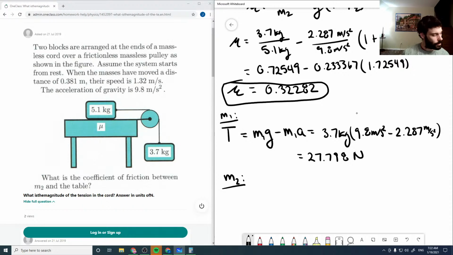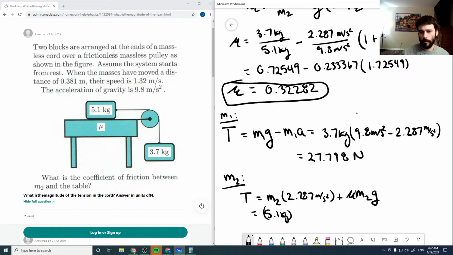So from our M2 equation, we would have that our tension is M2 times our acceleration, 2.287 meters per second squared, plus our coefficient of friction times M2G, so 5.1 kilograms times 2.287 meters per second squared, plus 0.32282 times our mass times our acceleration due to gravity.